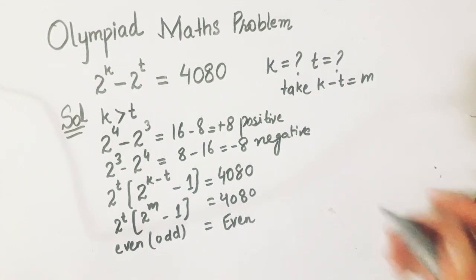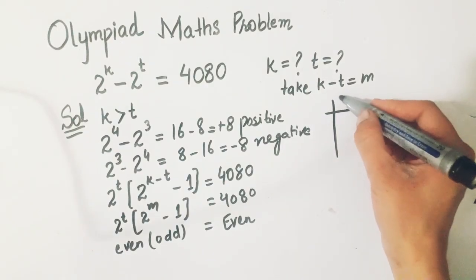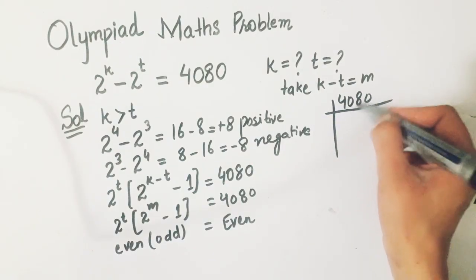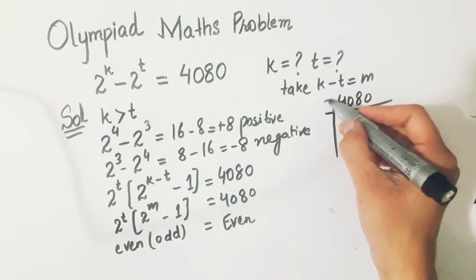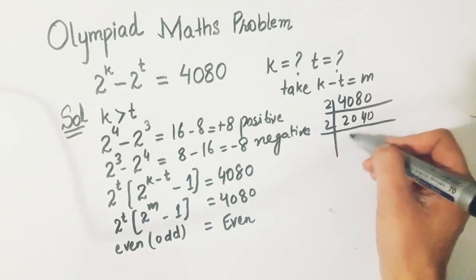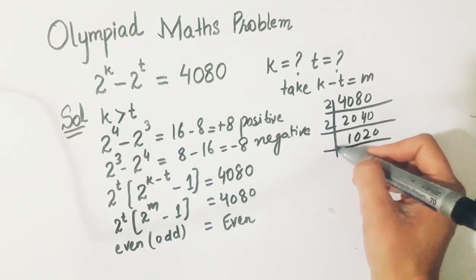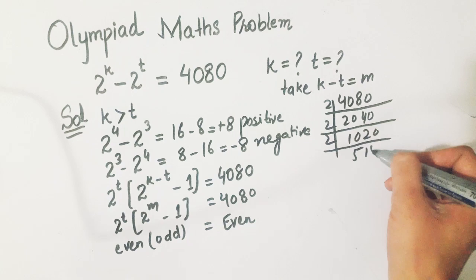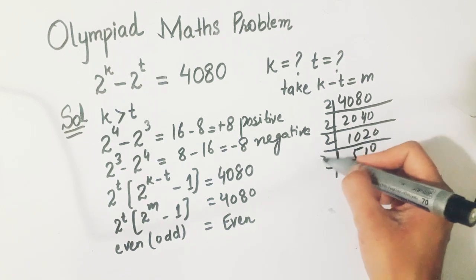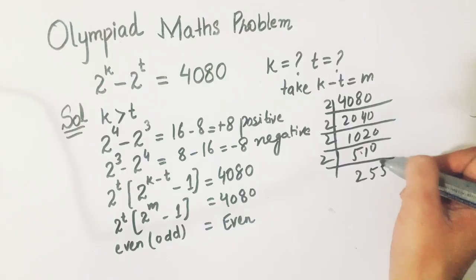Now we will take the LCM of 4080. So what will happen when we take LCM? This will be 2040, then this will be 1020, then again this will be 510, then 255.